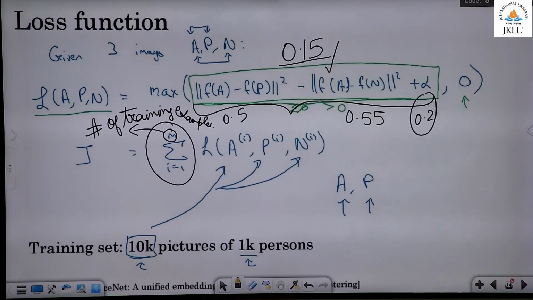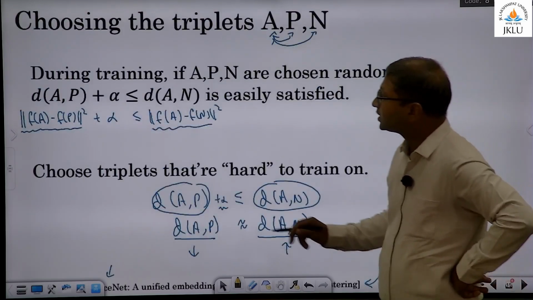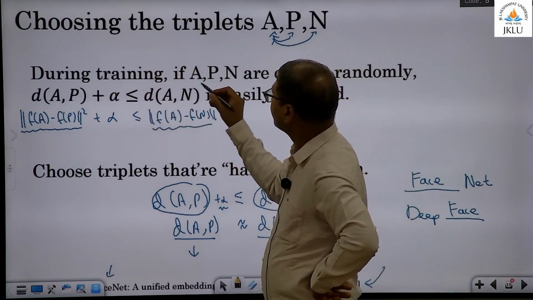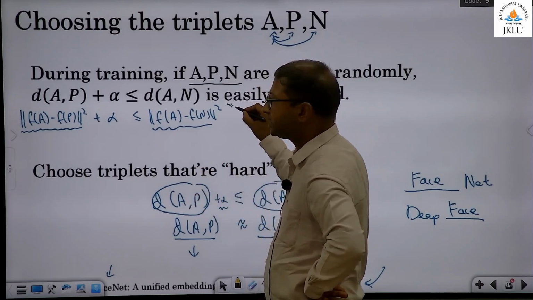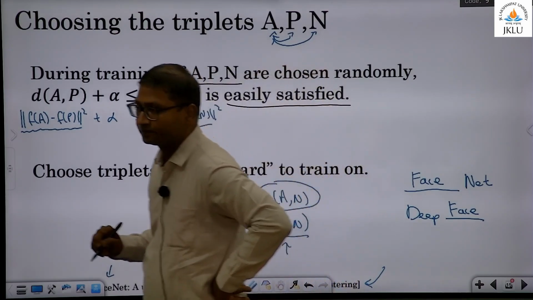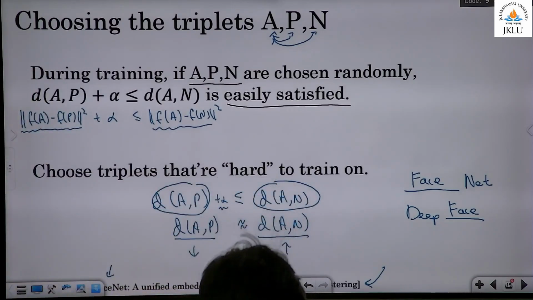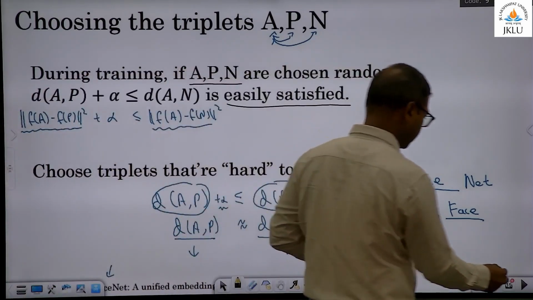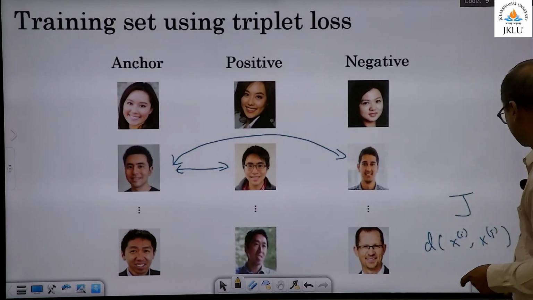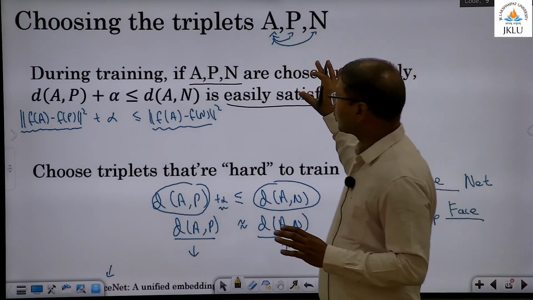Now we come to training. So we already discussed this. During training, if A, P, N are chosen randomly, then this is easily satisfied. I think this was our last slide yesterday. So what argument were we talking about in this case?